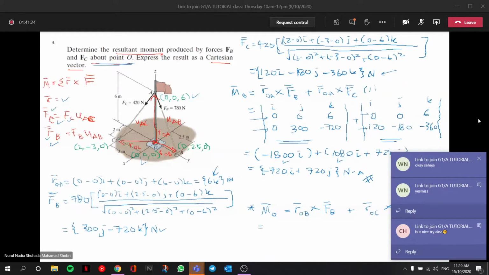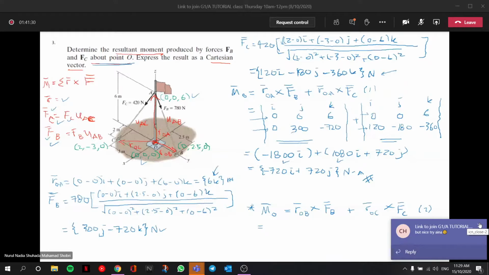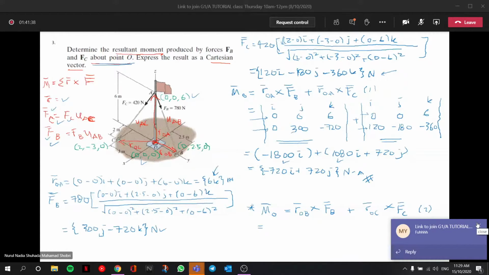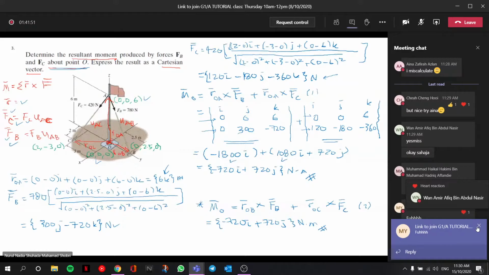So if you are using the other option, where it's R vector ROB times vector FB plus vector ROC times vector FC, you should get the same answer as well. So this is the final answer.